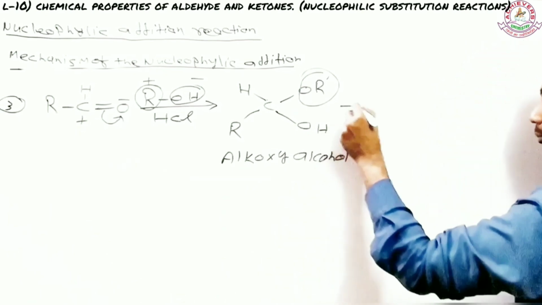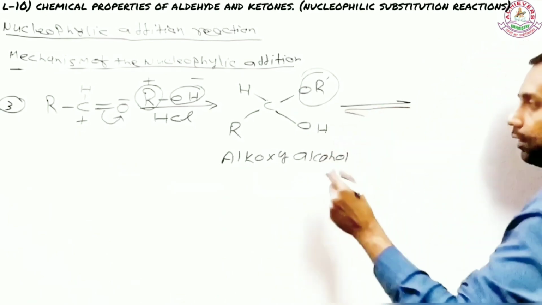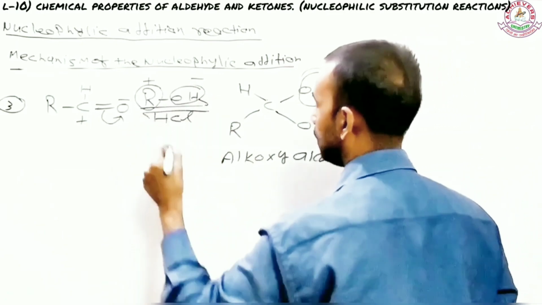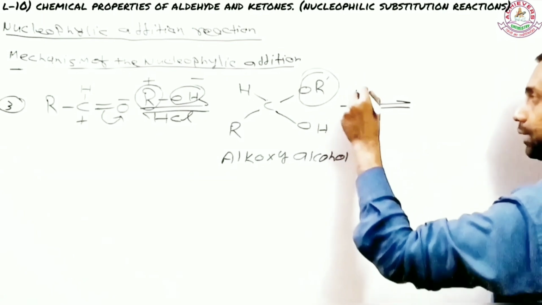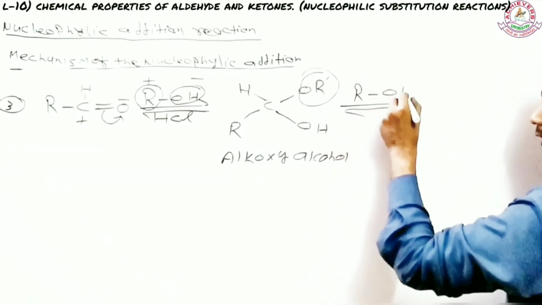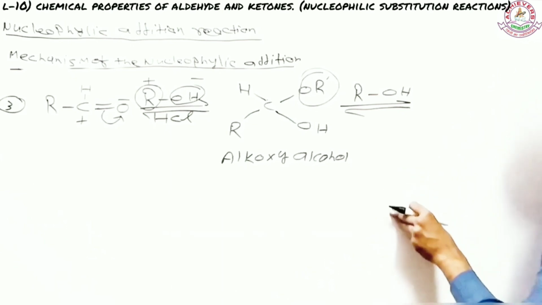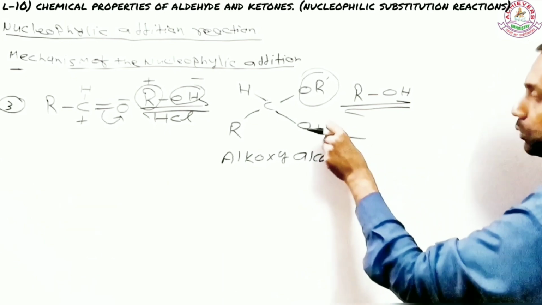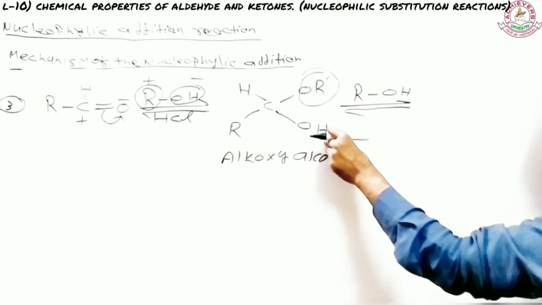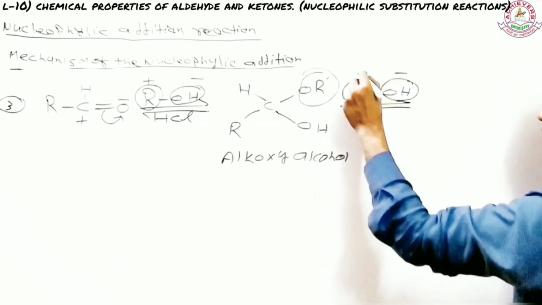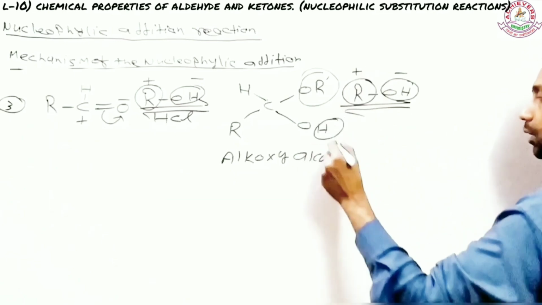Right? In the next step, you react with another alcohol molecule. So what happened here? Actually, this hydrogen is substituted by the alkyl group. Why? Because there you have your negative, there you have your positive.